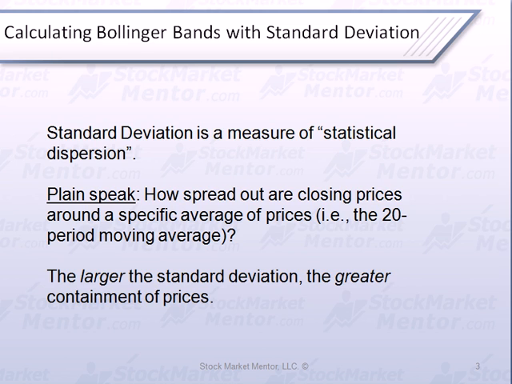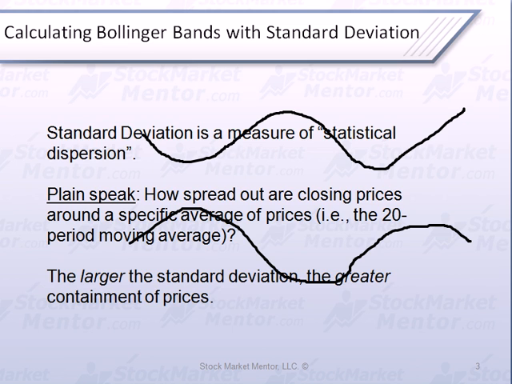The larger the standard deviation, the greater the containment of prices. Or put another way, these Bollinger Bands are dynamic. They spread out. They get narrow. That's called a volatility squeeze. They get wide. That's called a volatility expansion. Narrow again.